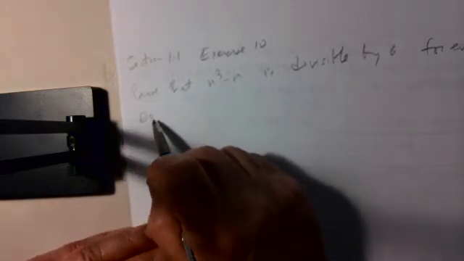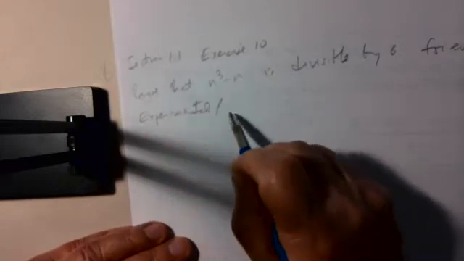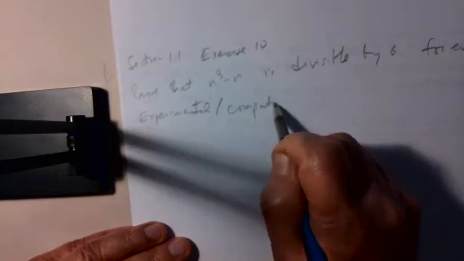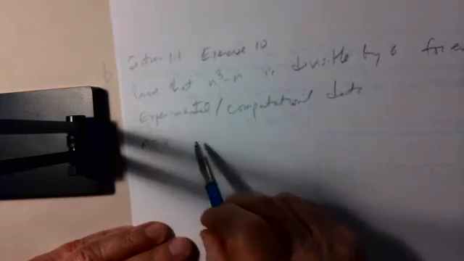Well, maybe the first thing to do is try to convince yourself that this is true. So let's look at some experimental or computational data. Suppose you let n equal 0.